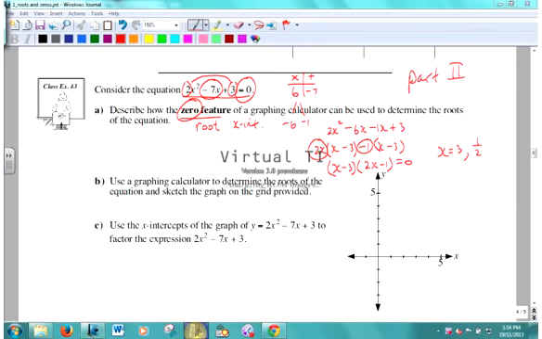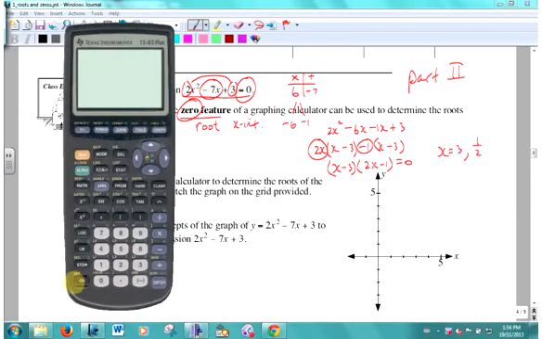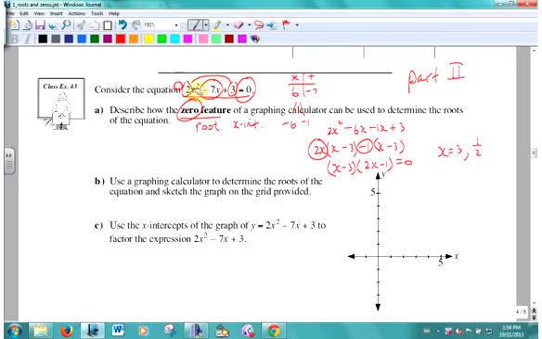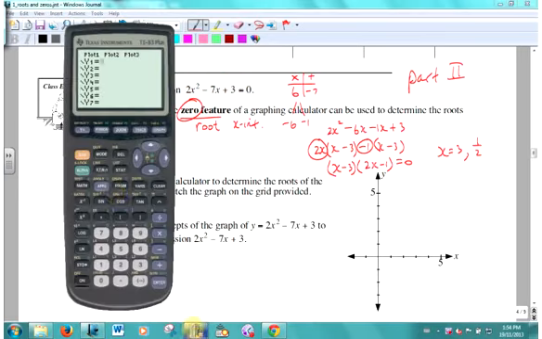But if I have a graphing calculator, okay, I put the equation in here, y equals, and let me clean it up a bit so I can see it. 2x, you can use the square button, or you can use to the power of 2, that's the same thing, minus 7 times x plus 3.